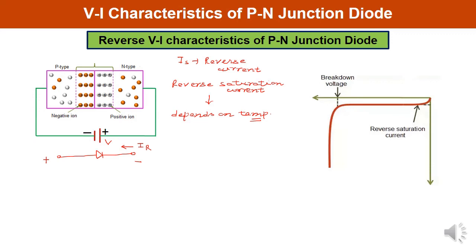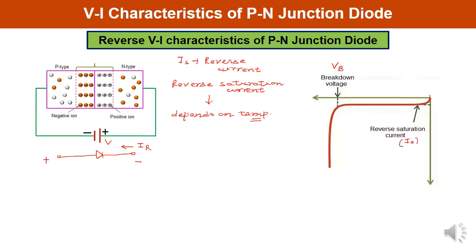You can see over here, the breakdown voltage is denoted as VB. So from this point to this point, the diode current is very small, almost constant. And this current is also known as reverse saturation current. Reverse saturation current is denoted by I naught.